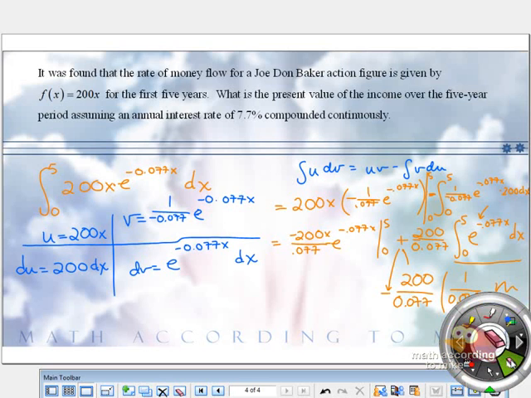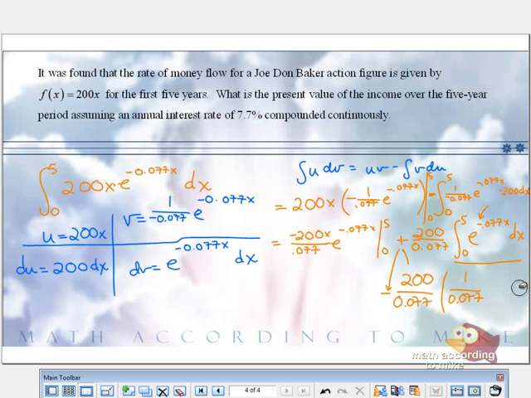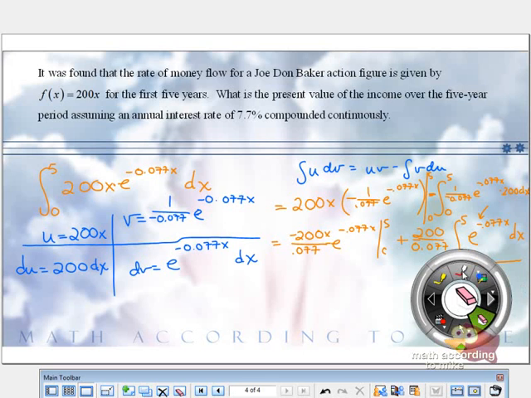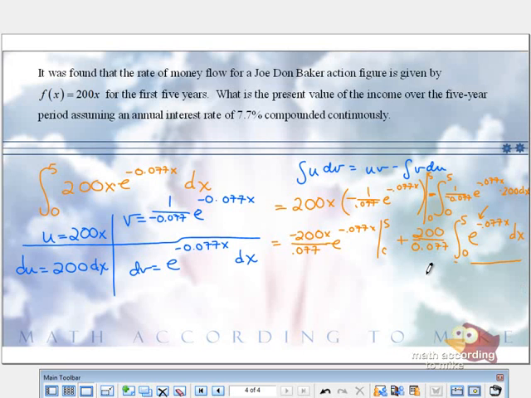So let's clean all this up. And again, don't freak out. It's in the video, so you'll see that again if you need to. All right. So we're going to have equals, copying down that first term again.